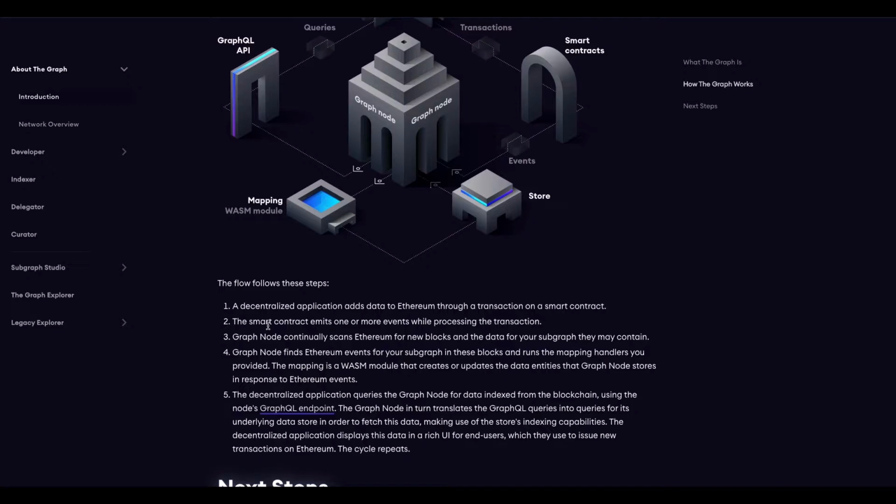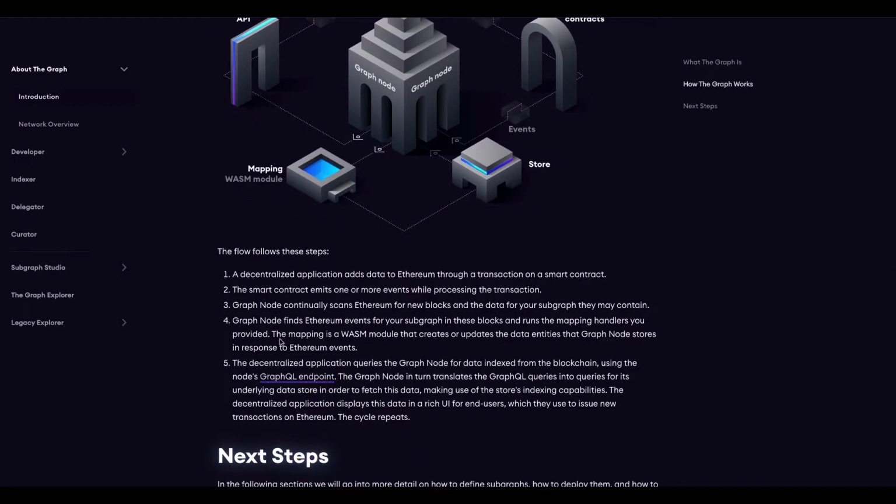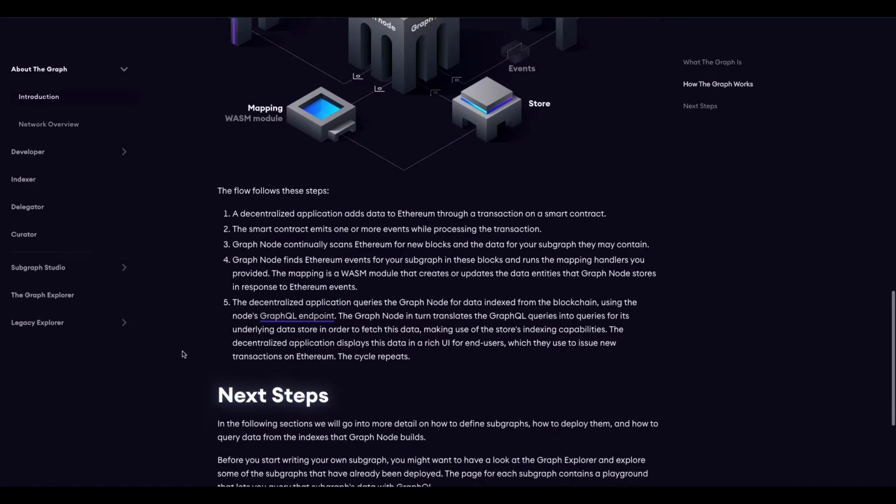The smart contract emits one or more events. Graph Node continuously scans ETH for new blocks and data for your subgraph they may contain, and so on and so forth. A WASM module creates or updates the data entities that Graph Node stores in response to ETH events.